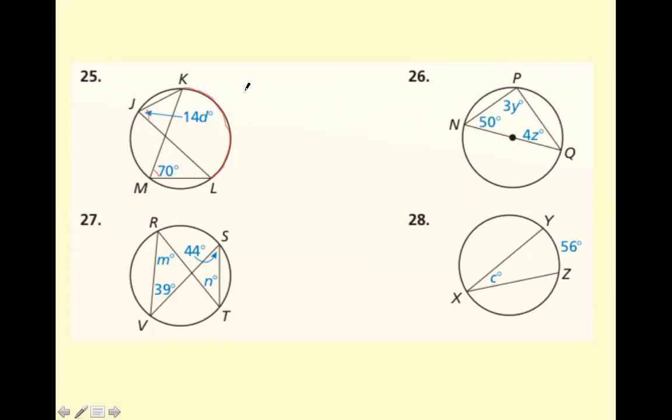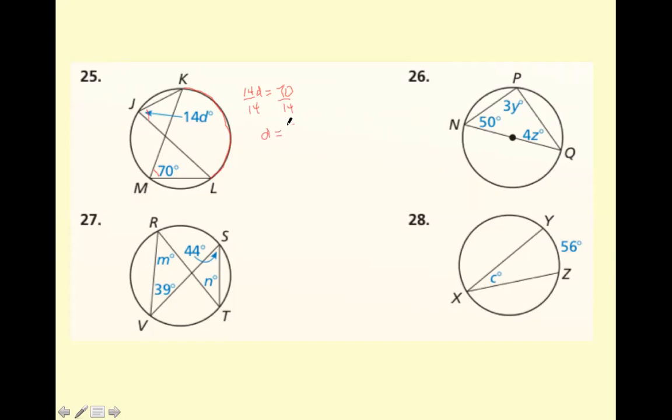To solve this problem, I write that 14D would have to equal 70. I divide by 14 on both sides, and I get that D should be 5, right?